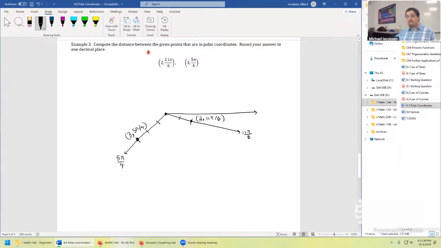We want to find the distance between these points. So if we can find the distance of this line segment in green, our work will be done. So that's the setup so far. All I've done is plotted the 2 points and put down a line segment representing that distance.